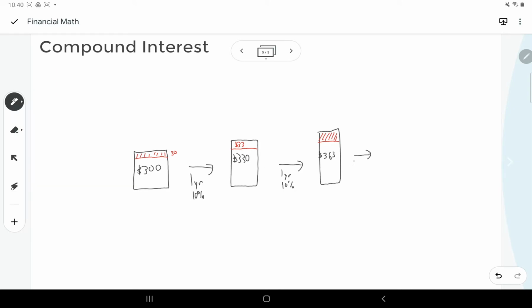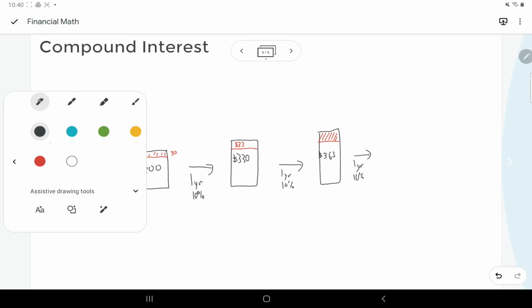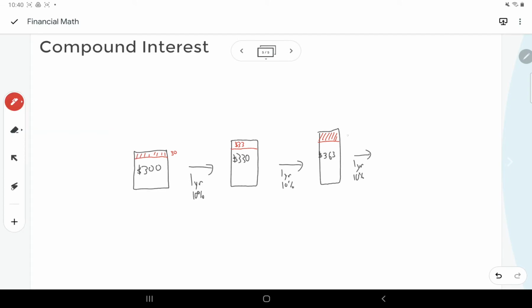So the big difference is that as you increase your earnings, as you increase with time, the amount you increase your principal by also increases. Right, so in this last example here, 363, 10% is 36.3.